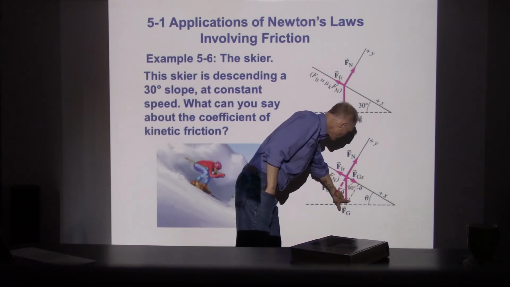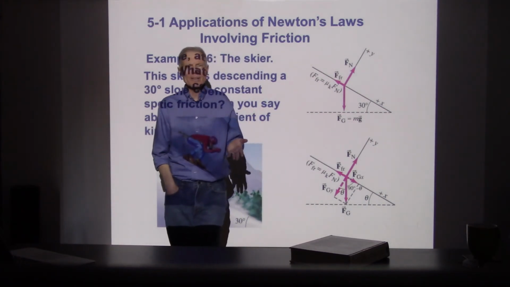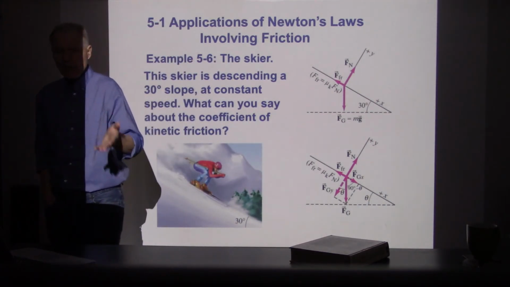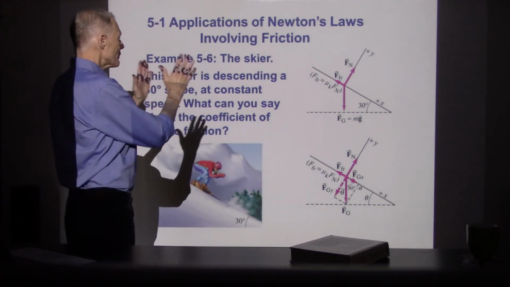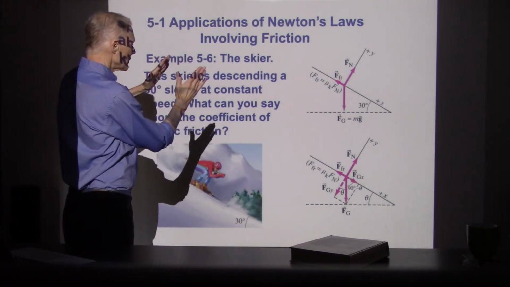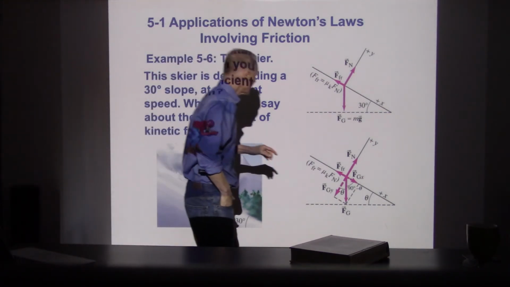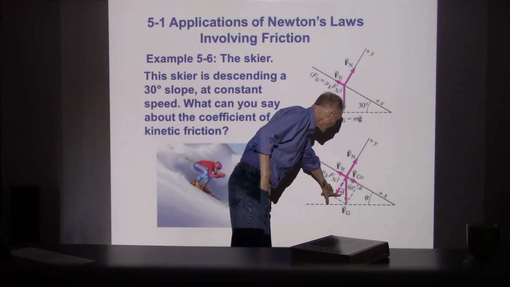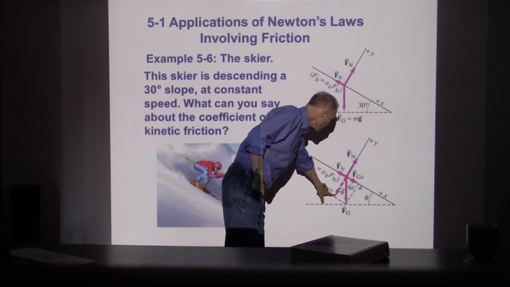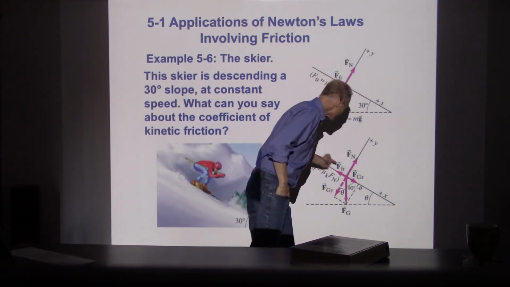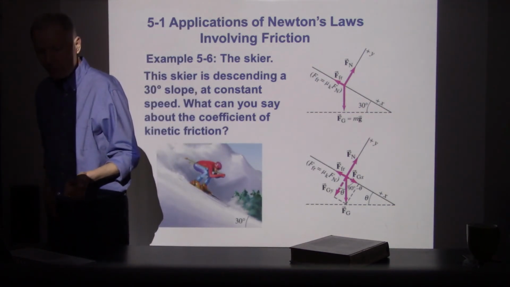And we need to draw a rectangular box around the gravitational force because we're going to have to identify x and y components of that gravitational force. And the key thing to remember here is the rectangular box is tipped, and it's tipped at the angle of incline. So the cosine theta component is along the y-axis, and the sine theta component is along the x-axis.